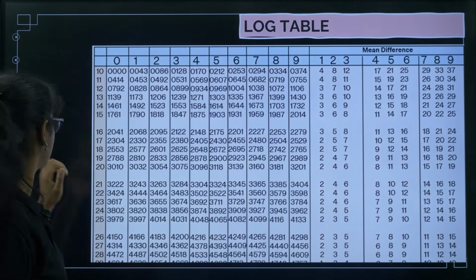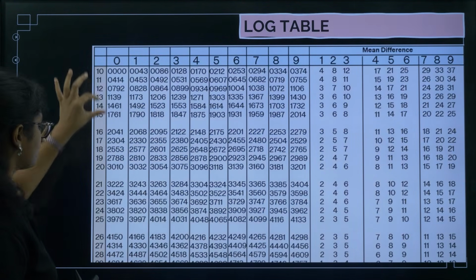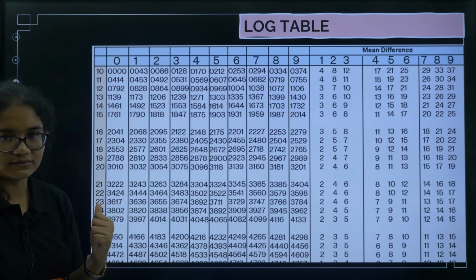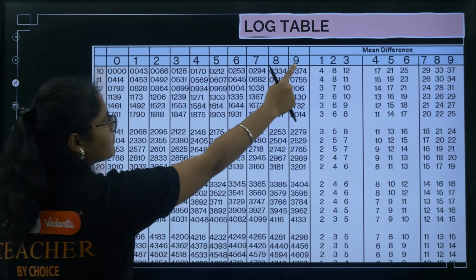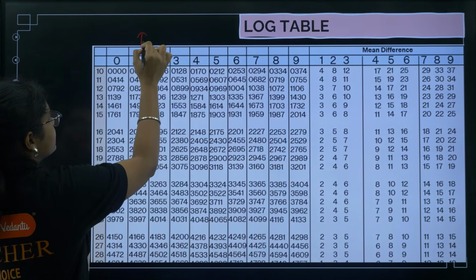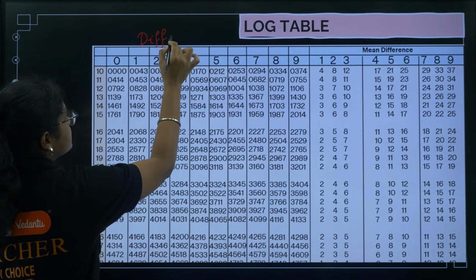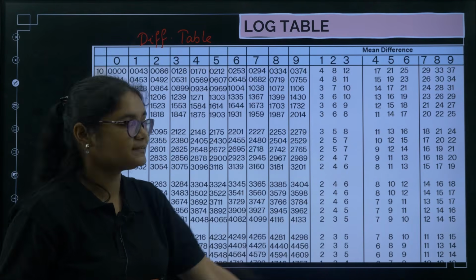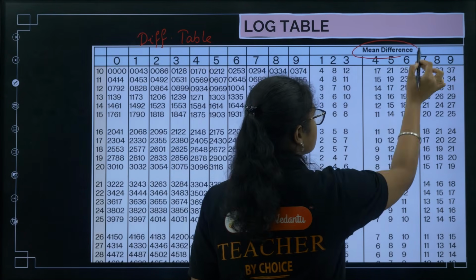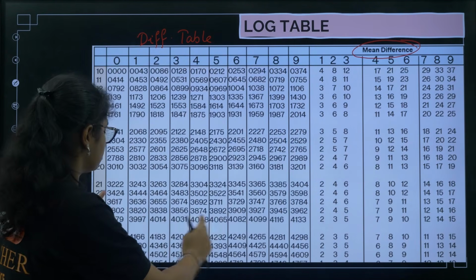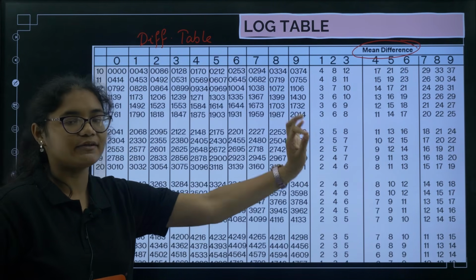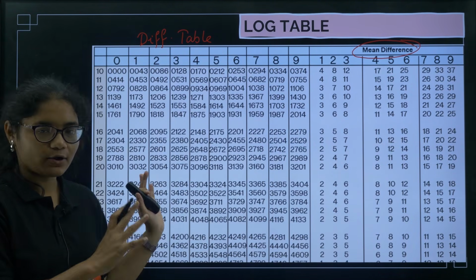Here you can see the first column contains the numbers 10, 11, 12, 13 like this. This part is called the difference table, and the next part is called the mean difference table. So this is how a log table looks.